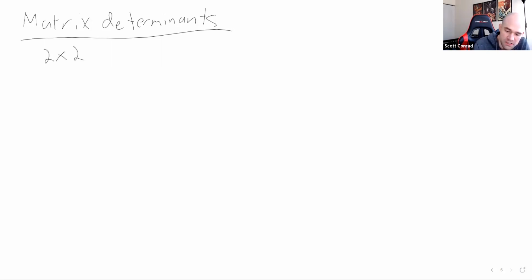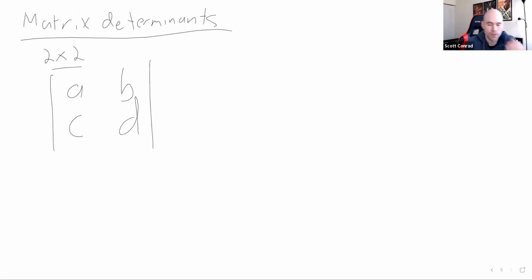So we calculate determinants of square matrices, right? A matrix is a rectangular array of numbers. If we have as many rows as we have columns, it's a square matrix. So if you have 2 rows and 2 columns, suppose we have the matrix A, B, C, D. I'm not going to talk about what this means. We're just going to define the determinant of this matrix. The way we write the determinant of a matrix is you put in the entries and then put straight lines around it.